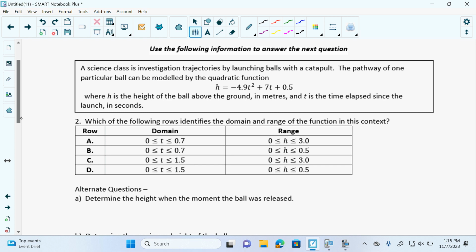Okay, well, let's discuss this. So, which one of those is my x, t or h? T, because it's here, and that's where all the x's will be found, correct? So t equals x, which equals time in seconds since launch.